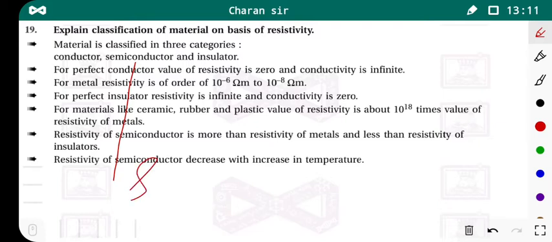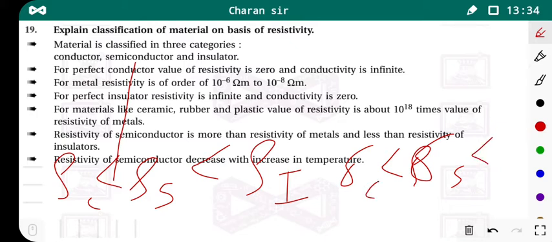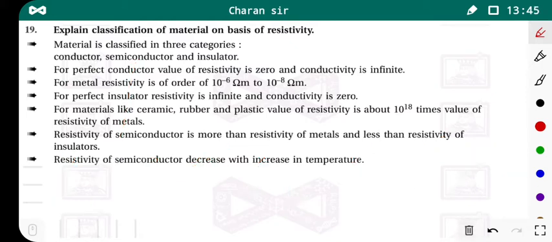The resistivity of semiconductors is less than that of insulators but greater than that of conductors. Is it okay? So this is the basic concept about materials classified on the basis of resistivity.